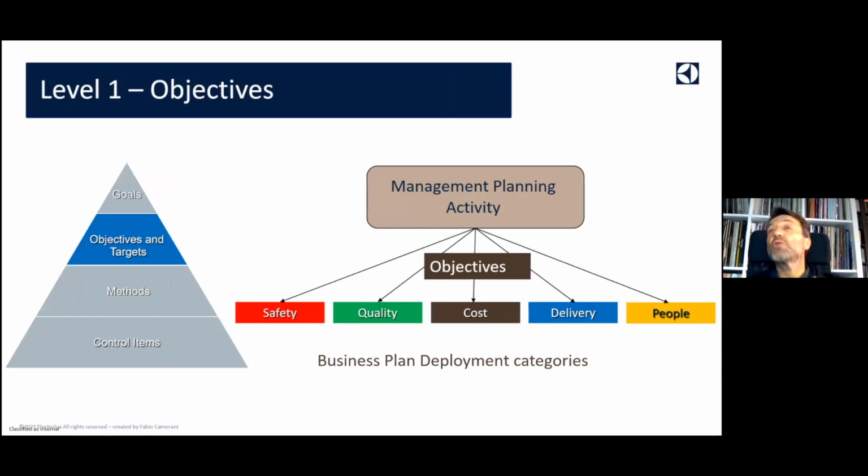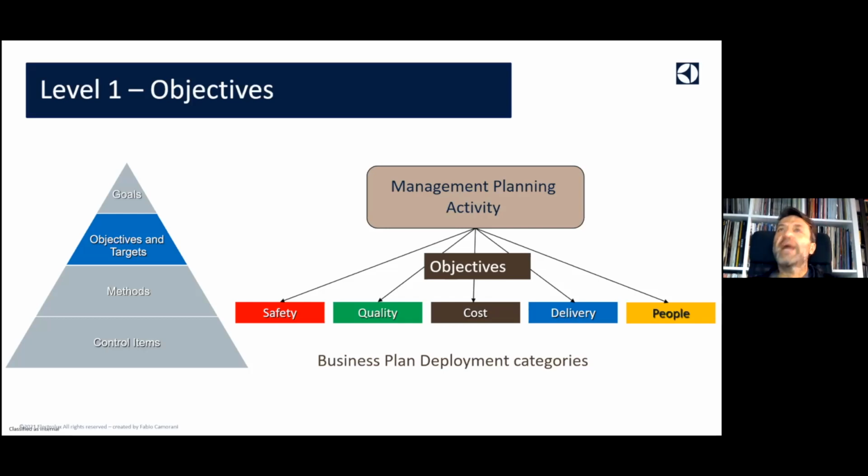Following step, as we said, is to transform the goals into objectives and the objectives into targets. So what we do is transform the goals into objectives and targets divided in 5 topics: safety, quality, cost, delivery, people. This is not news, but we divide each of them.